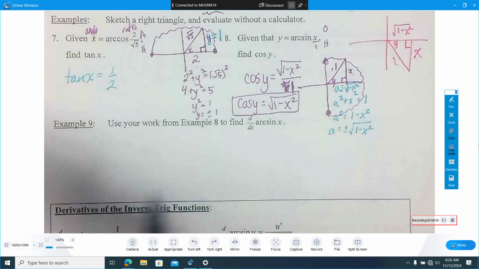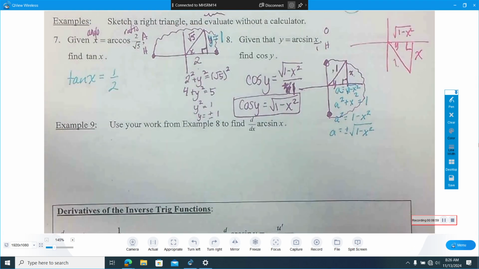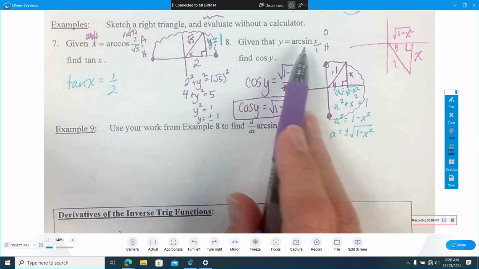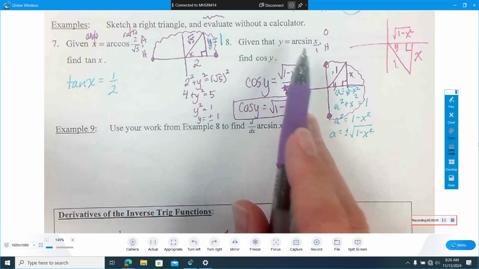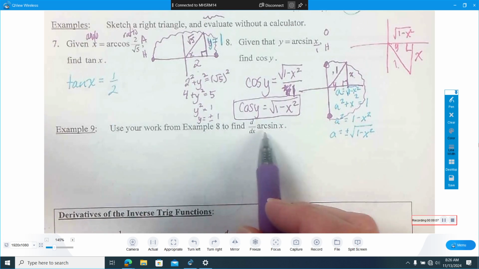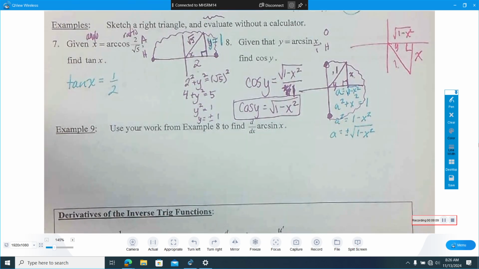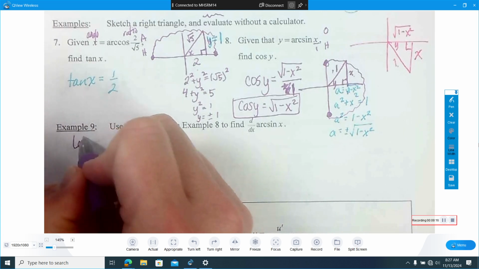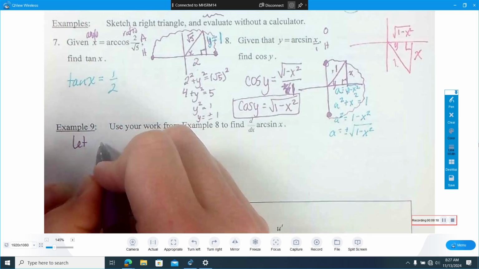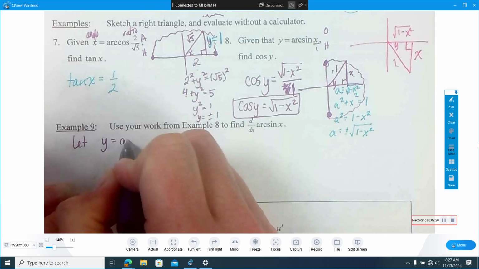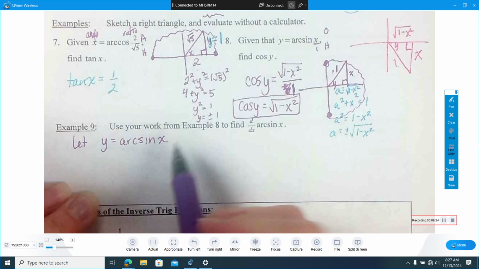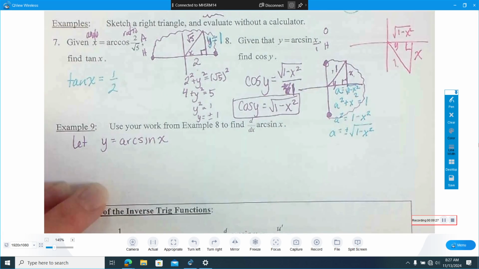So how do we lead into the derivative? These are pre-cal. From example 8, using this information, we want to find the derivative of the angle whose sine is x, or x over 1. So I'm going to let y equal the arc sine of x over 1, or this x, which is exactly what we did there.